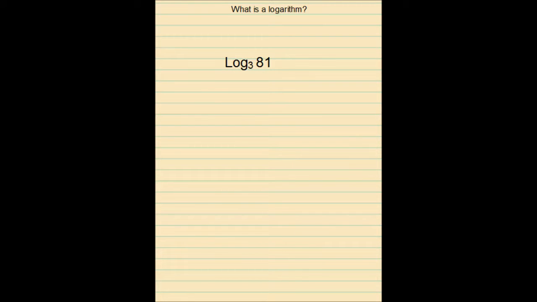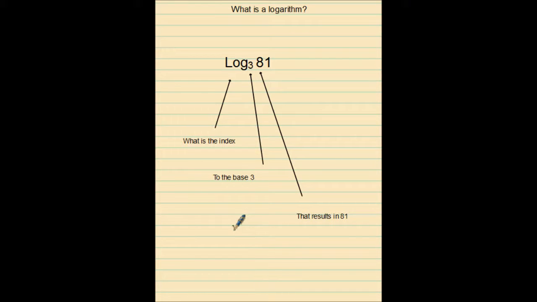Here's another example. I'm going to do exactly as I suggest. Do this every time. Read it as a sentence. What is the index? To the base 3, that results in 81. So I know this isn't mathematically correct to put question marks, but there we have. What is the index? To the base 3, that results in 81.